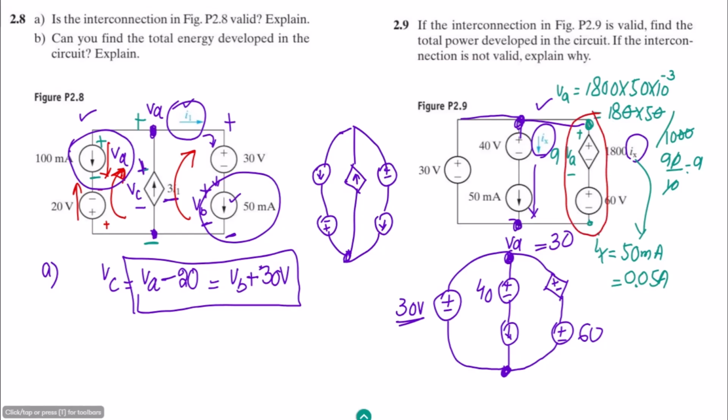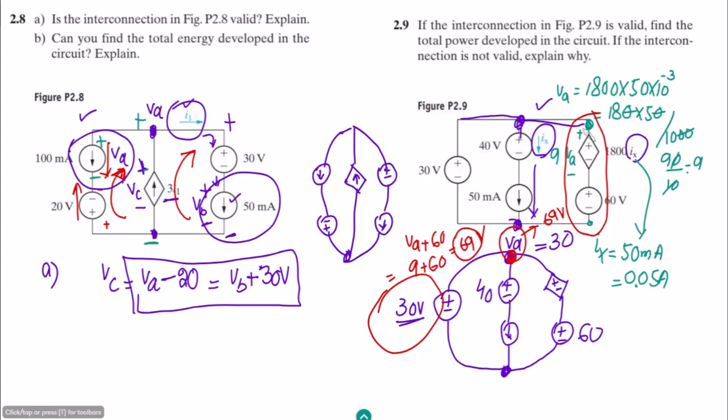In this branch, if we apply the KVL, it will be VA plus 60. The value of VA is known, that is 9 plus 60, which is 69, which shows that the voltage VA here is 69 volts, which is different than the actual voltage which is here.